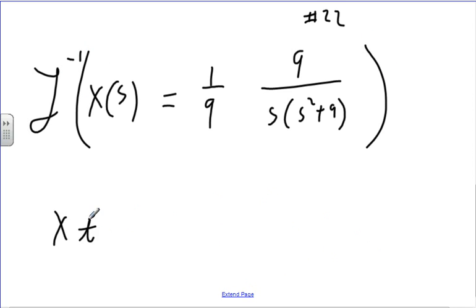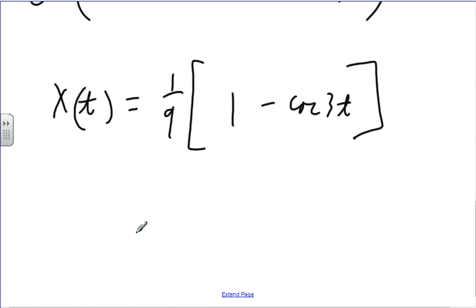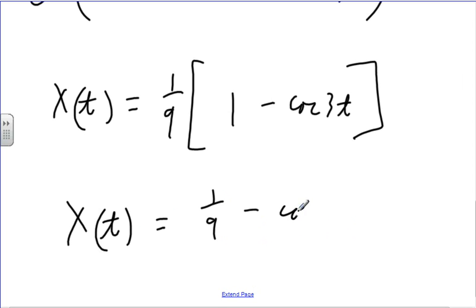X of t is equal to 1/9 times 1 minus cosine 3t. X of t is equal to 1/9 minus cosine 3t.